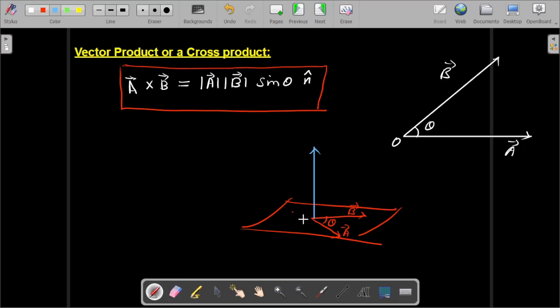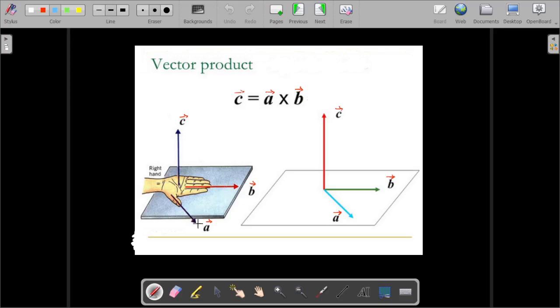This unit vector n cap will be perpendicular to both vector A and vector B. Understood? The direction of the unit vector obtained after the cross product is perpendicular to the plane of vectors A and B.